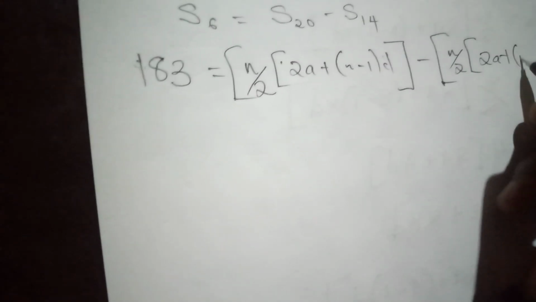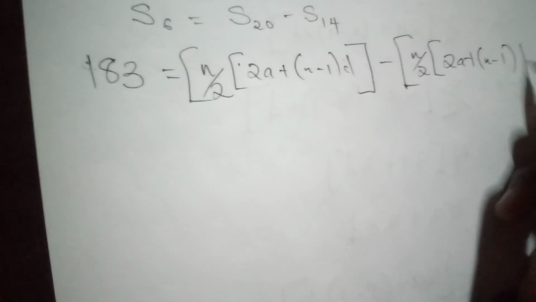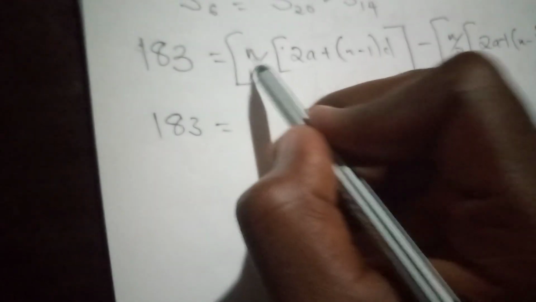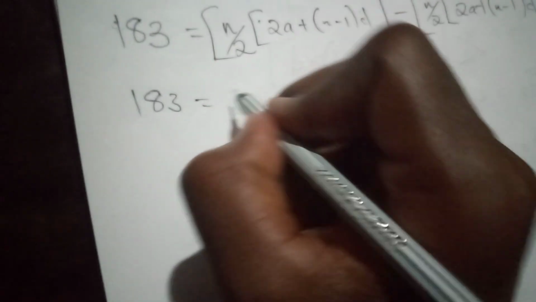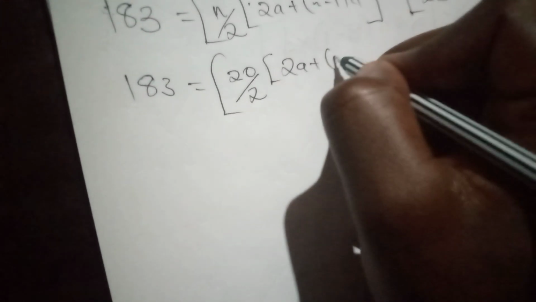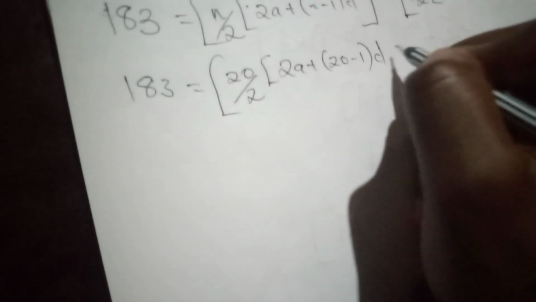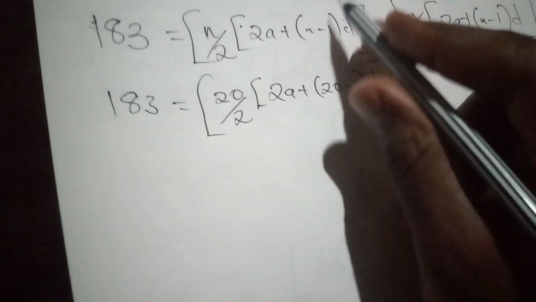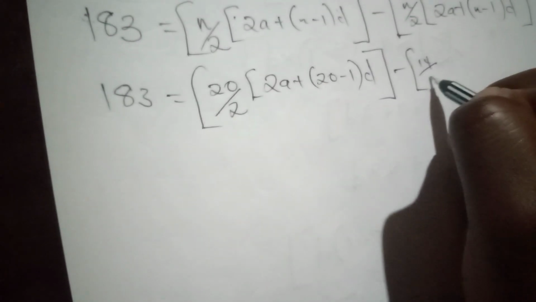So the sum of the last 6 terms, 183, is equal to the sum of 20 terms, that is 20 over 2 times 2 times the first term plus 20 minus 1 times the common difference, subtract the sum of 14 terms.